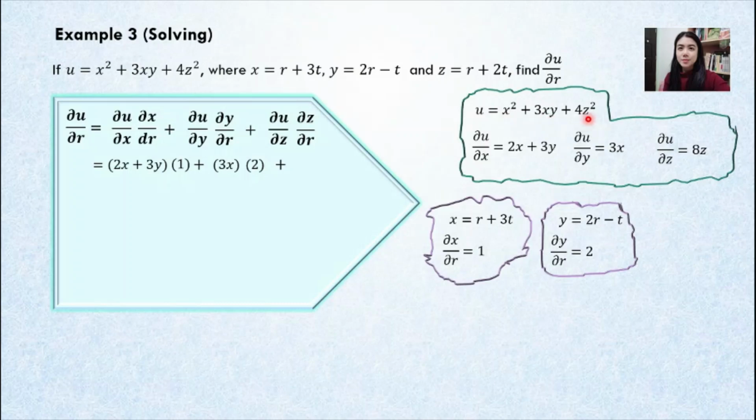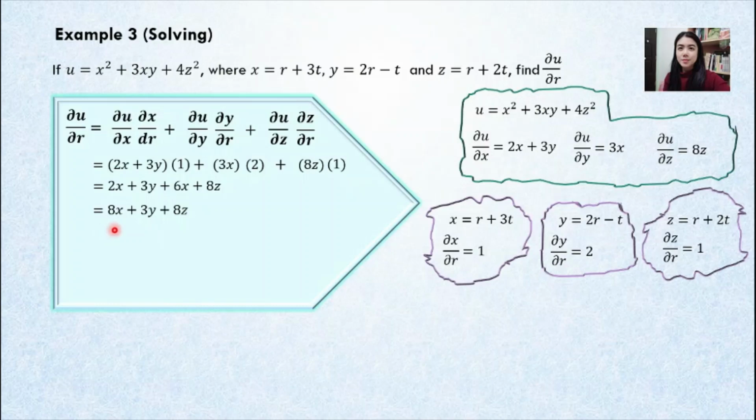Focus on the z. Differentiate z squared, you have 2z multiplied with 4, so you have 8z. Substitute here, so we have 8z. Then multiply with del z del r, which is obtained from the equation z, so del z del r gives you 1. Substitute the 1 here and simplify it.